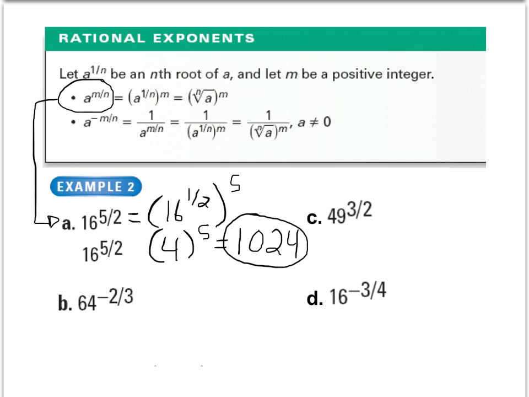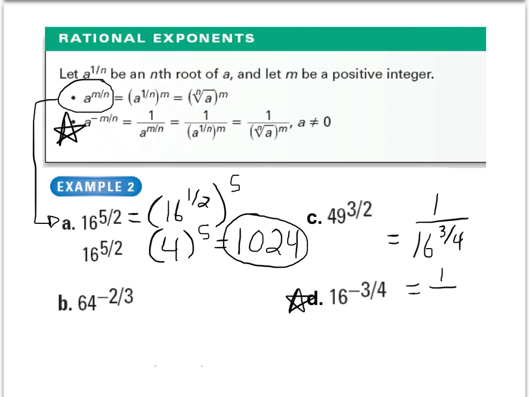Okay, so now let's look at an example of when this is negative. We'll tie these two ideas together right here. Like you know from the previous section, anything raised to a negative exponent, we put 1 over whatever that is. So if we have 16 raised to negative 3/4, the first thing we're going to write is 1 over 16 to the 3/4. Similarly, we take that top numerator, put it outside, and just deal with the denominator.